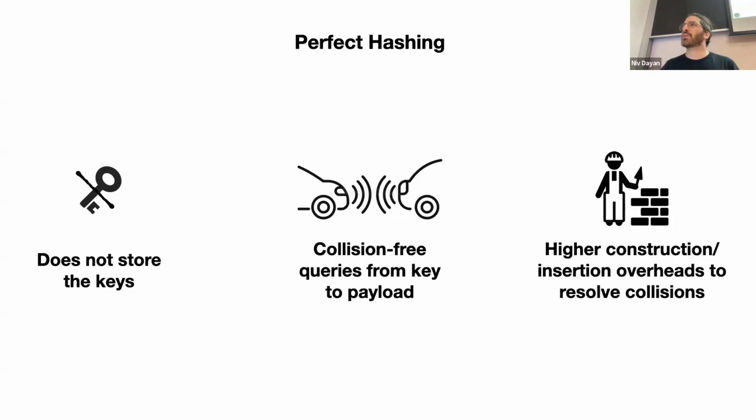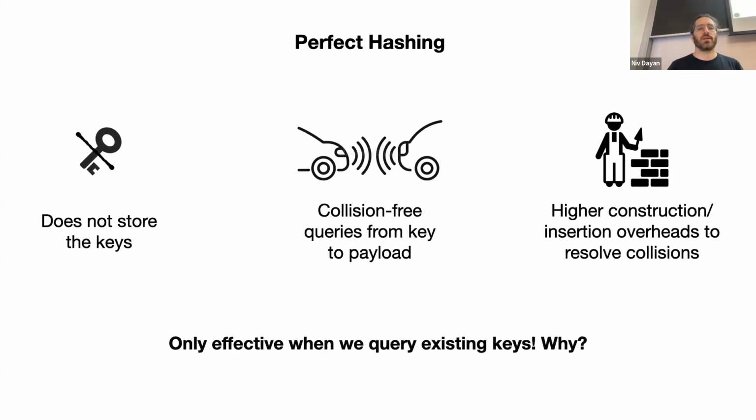That's all that it is. It's going to involve a higher construction and insertion overhead than regular hash tables to resolve these collisions as they occur. But that's the trade-off, and that's going to allow us to not have to store the keys. Makes sense? So far, it's pretty conceptual.